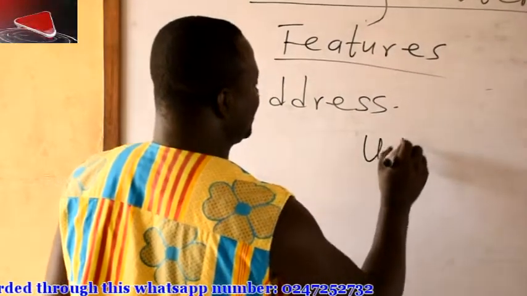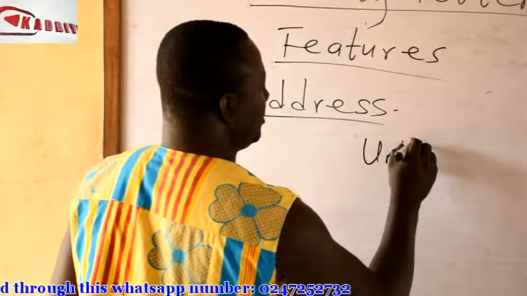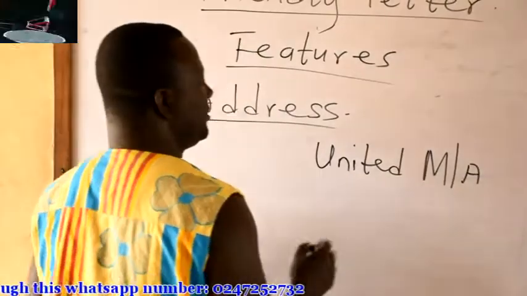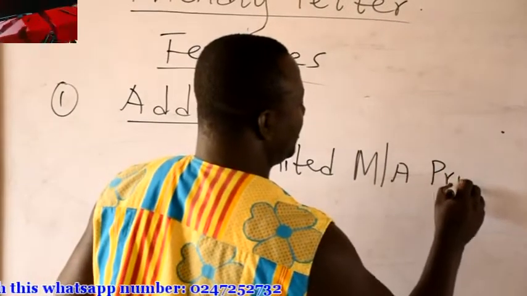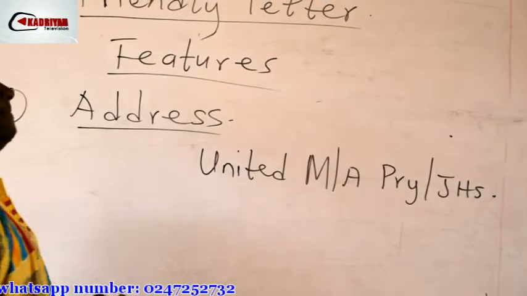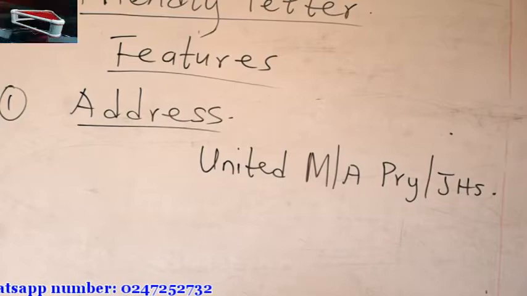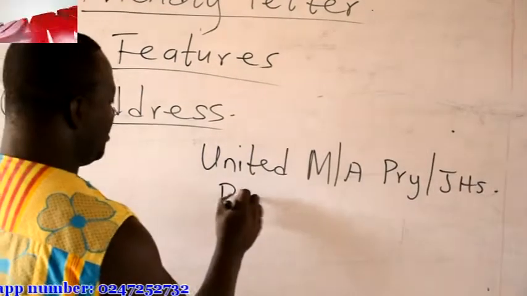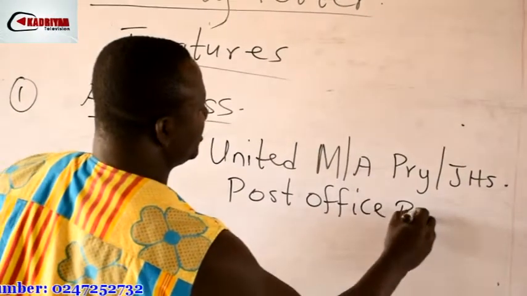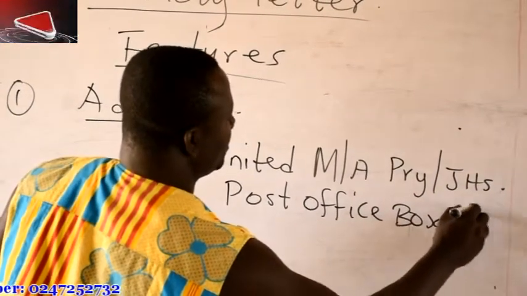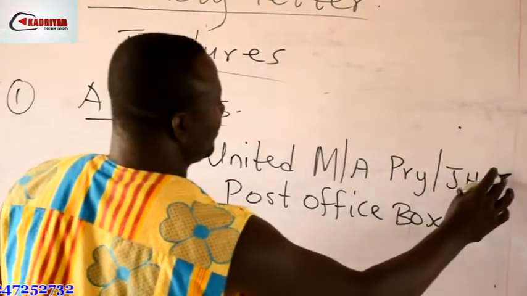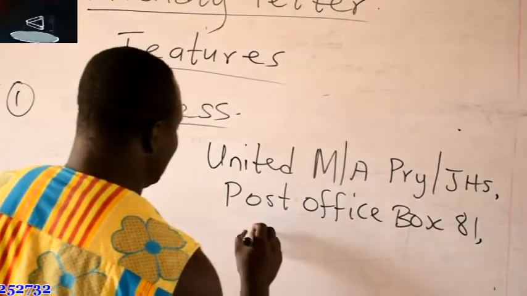First one, United M.A. Primary J.H.S. Post Office Box 81, Elmina.